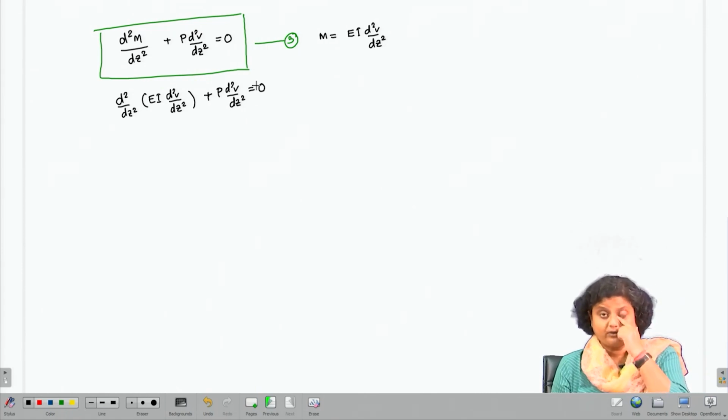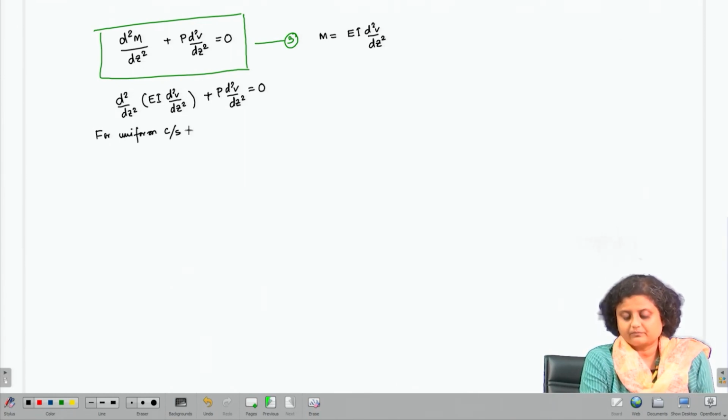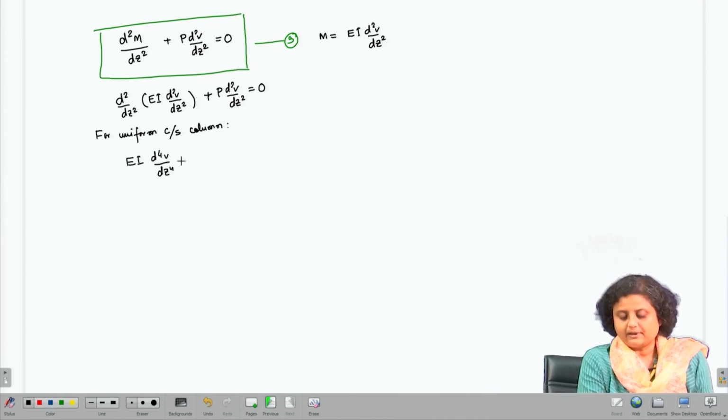Right. So, for a uniform cross section column, this can be written as EI d4v by dz4 plus p into d2v by dz square, and that is equal to 0.